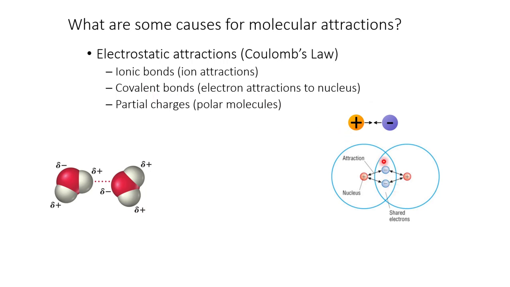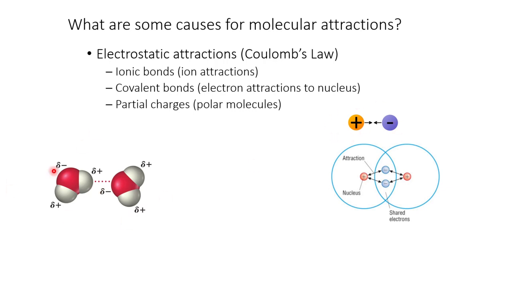Covalent bonds are when the electrons are attracted to the nuclei and there is a sharing of electrons. And then we can also see that partial charges can cause these molecular attractions. So we have a partial positive on this hydrogen here and a partial negative on this oxygen here, and those are attracted to each other in a similar fashion as our ions are.